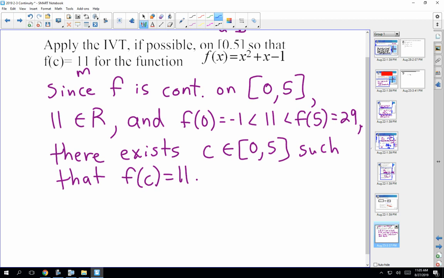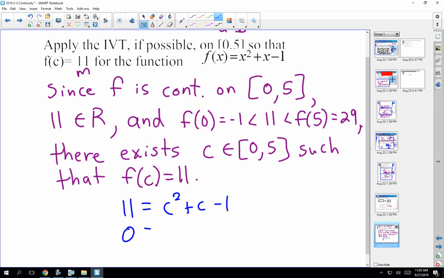We're going to just set 11 equal to this function with C plugged in, so C squared plus C minus 1. If I can solve that for C, I can find the specific value of C. If I write 11 equals, plug in C to the function, and I can't algebraically solve it, then we know it exists, but we don't know what it is. What did you get?